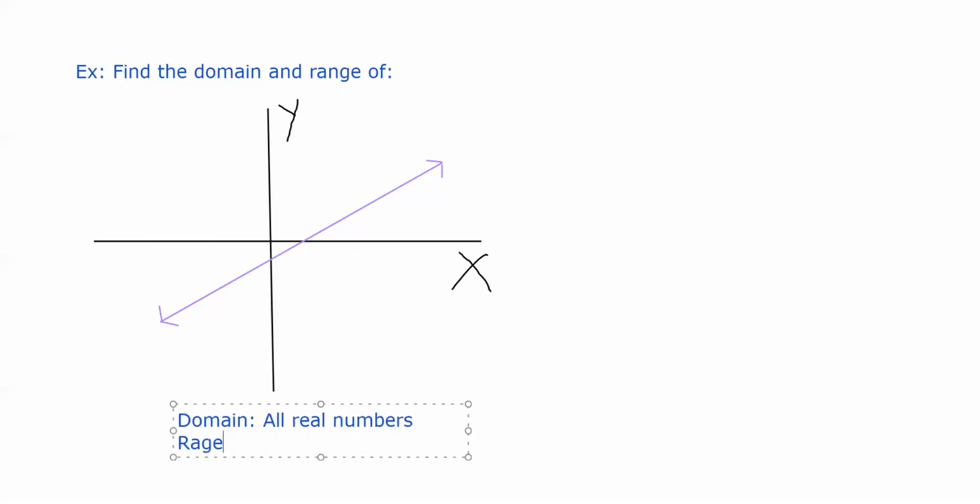And in this particular case, it's not the range. There's no machines to rage against here. The range is also all real numbers. Okay, that's just so fine. But let's talk about a couple other ways you can say all real numbers. You can use this symbol, so it would be all real numbers for both x and y, the domain and range.